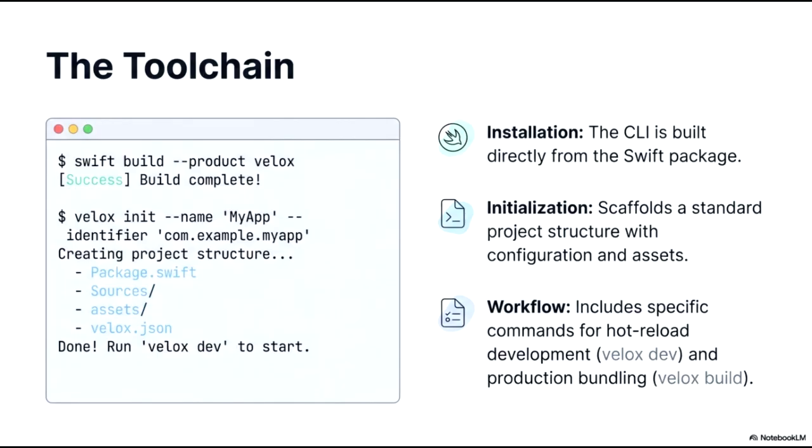The workflow is optimized for developer productivity. It includes specific commands for different stages of the lifecycle. Velox Dev enables a hot reload development environment for rapid iteration, while Velox Build handles the final production bundling. This streamlined approach allows you to move from setup to development and deployment with minimal friction.